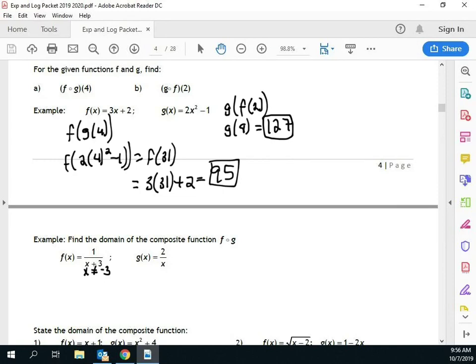What x value can we not use in the function g? x cannot equal 0. So far, guys, our domain is x is an element of all real numbers except x cannot equal 0 or -3.